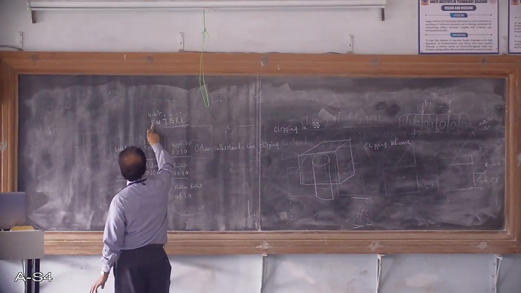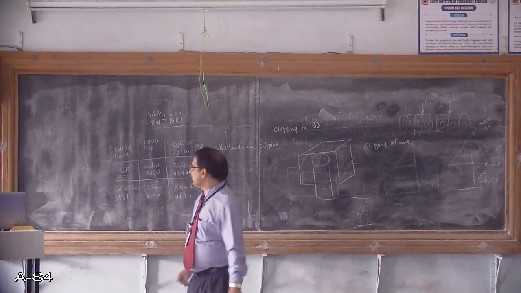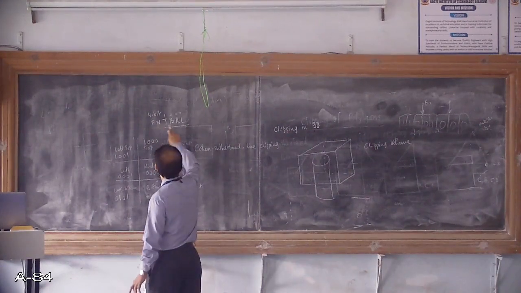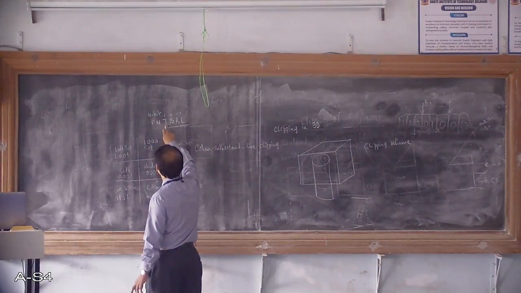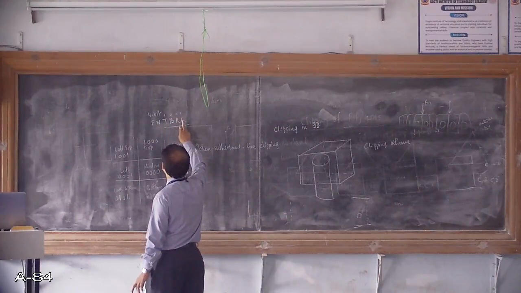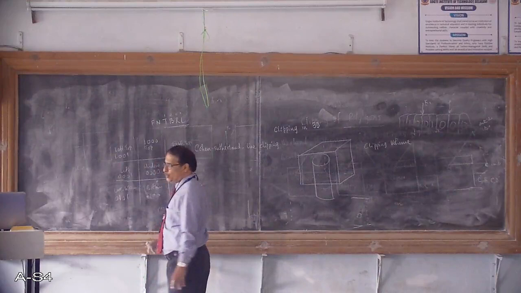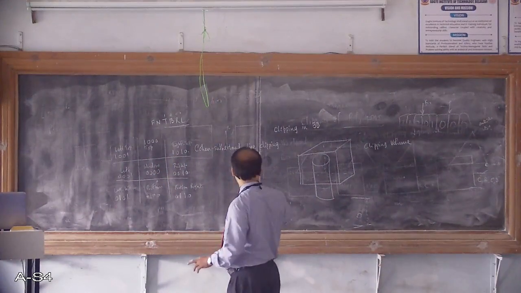F is for far and N is for near. So the boundary code will now be 6 bits corresponding to far, near, top, bottom, right and left, and therefore we have to use a 6-bit boundary code for a clipping volume.